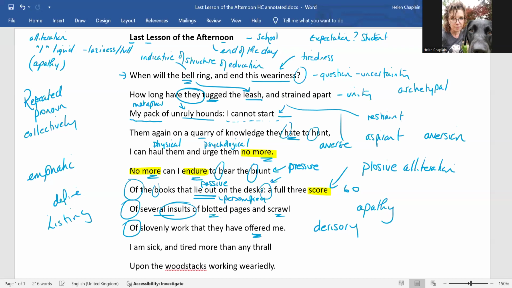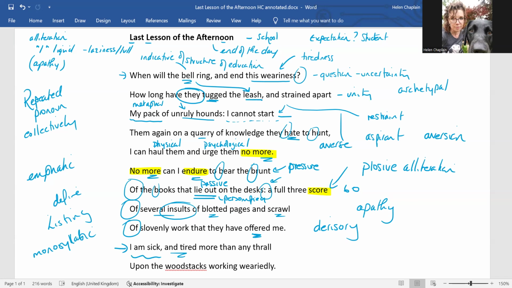Okay, if you are derisory, you're adopting the idea of, well, whatever, take it or leave it. So there's no enthusiasm from these students. They're just throwing it his way. And then we get this monosyllabic declaration, "I am sick," right? Caesura, "I'm tired." This sums up itself. I've had enough.